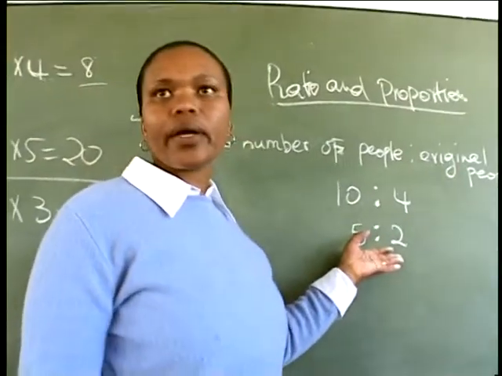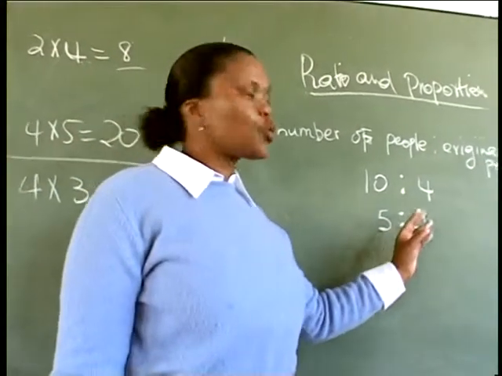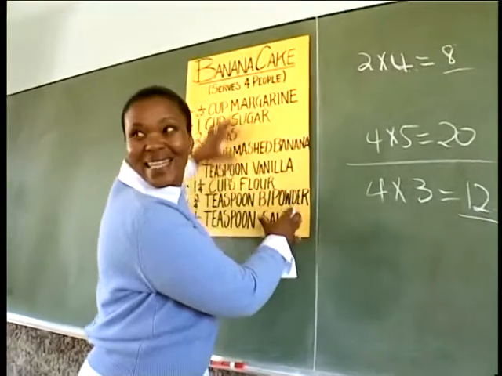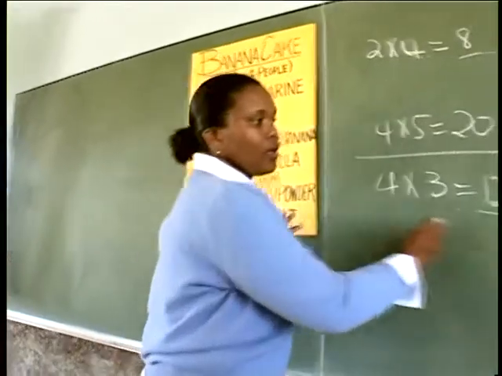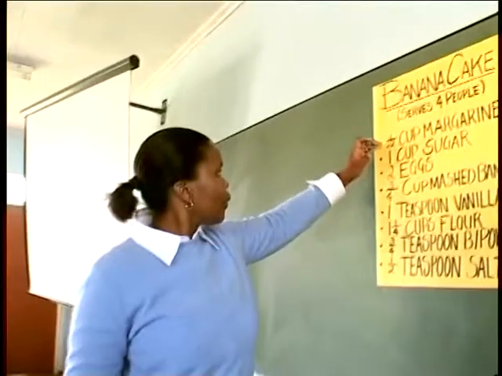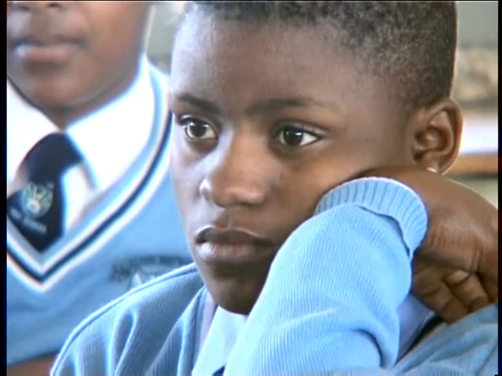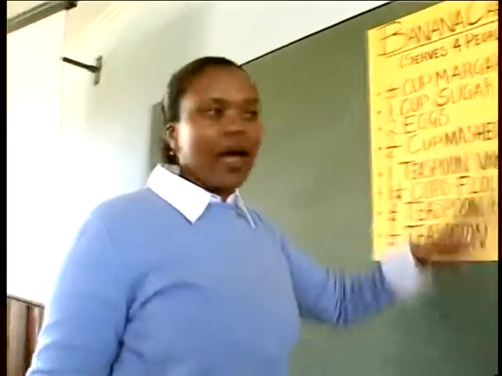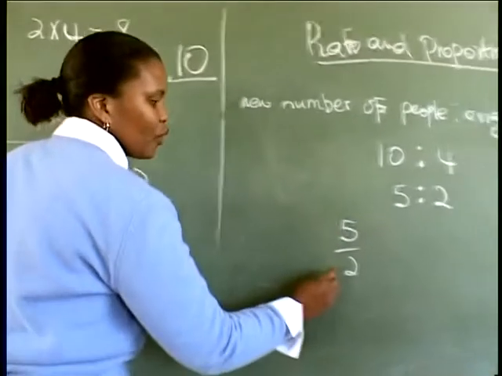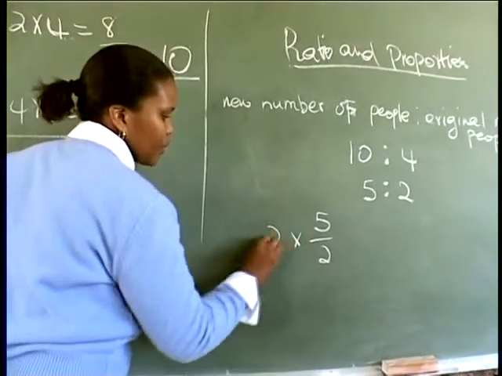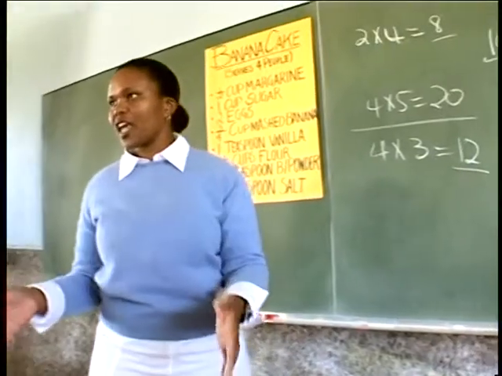Here we have our ratio, which is 5:2. And now we are going to multiply our ingredients by 5 divided by 2. Here we must have 2 eggs. And now we must multiply these 2 eggs by 5/2 multiplied by 4. And now, what is our new number of eggs?